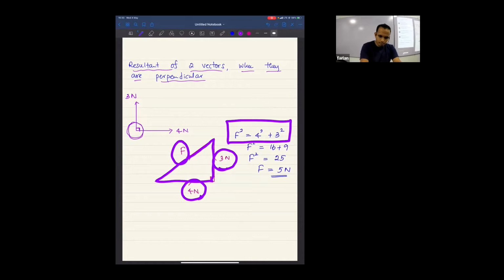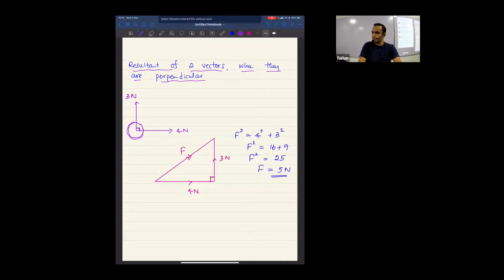The Pythagoras theorem: a square plus b square equals c square. Because this is 4 newtons, this is 3 newtons, so 4 square plus 3 square is equal to this F square. So that is the Pythagoras theorem.